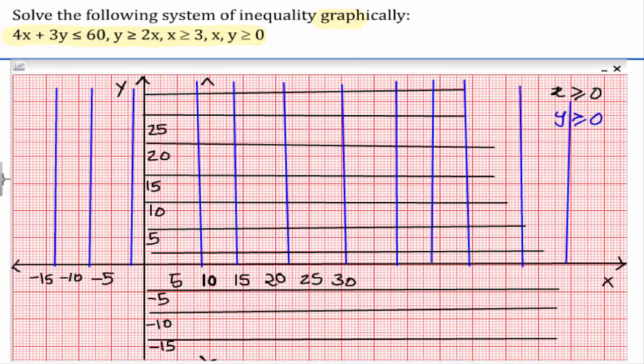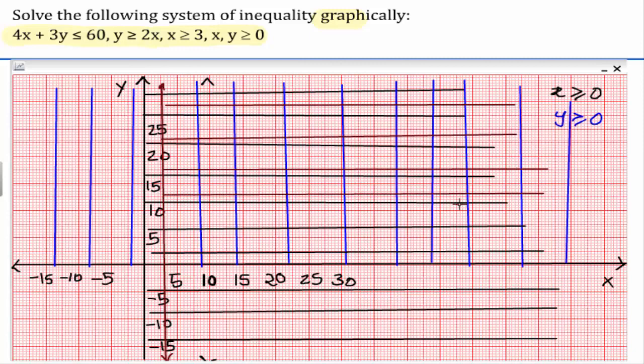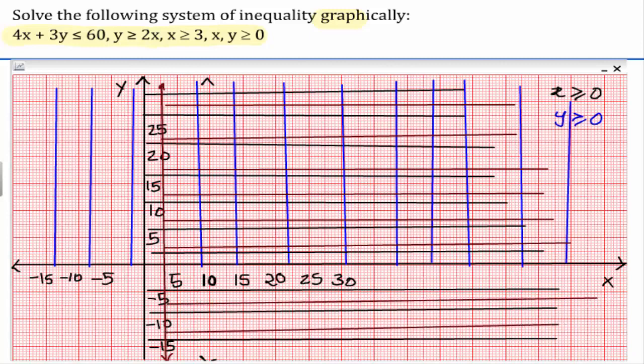That means the line will be somewhere here. As x is greater than 3, the solution also will be towards this side. Now, the brown lines will represent x greater than or equal to 3.